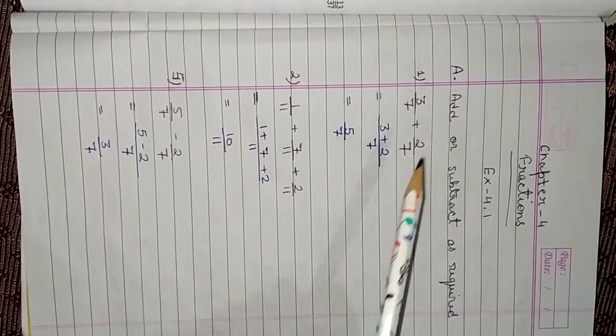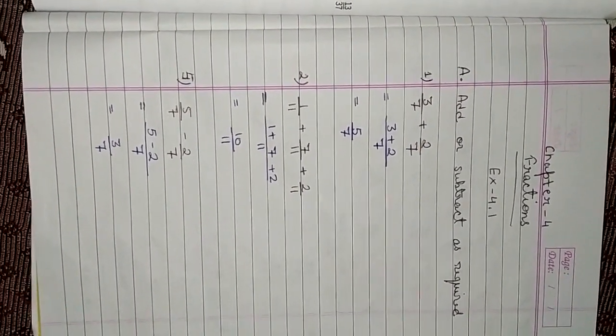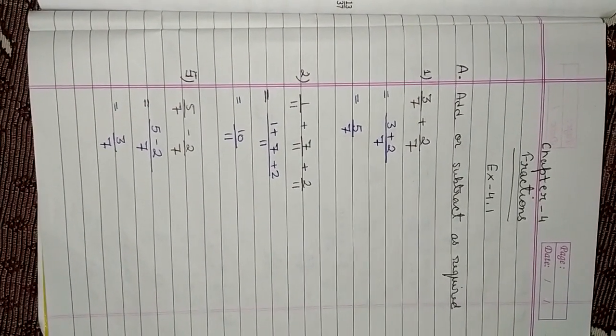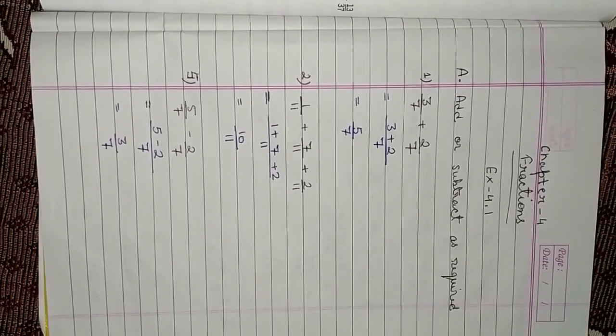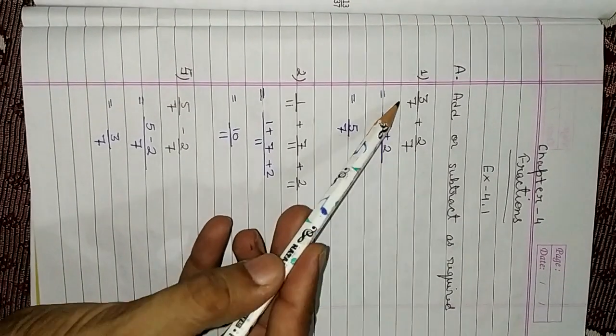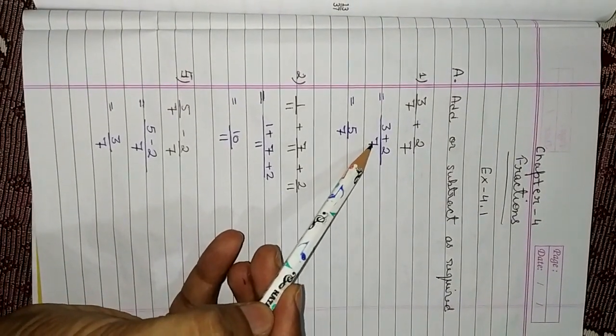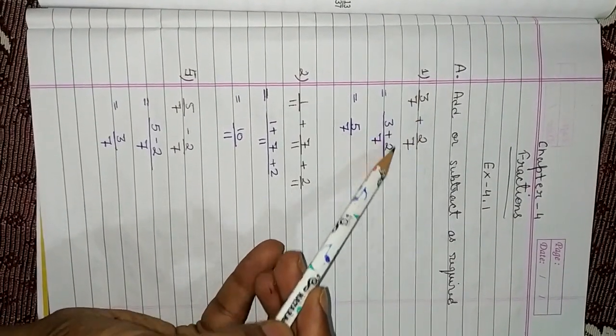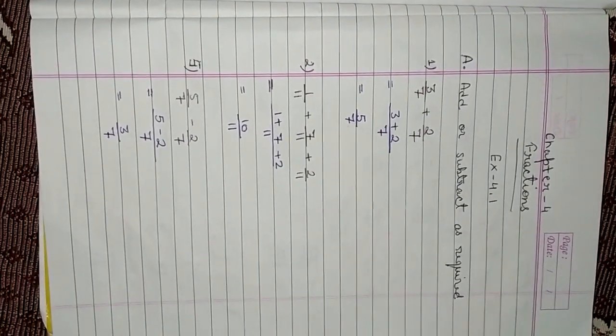To add like fractions, we have to add only numerators. There is no need to change the denominator. So just write the denominator once, that is 7. Now add the numerators, 3 plus 2, 5 by 7.